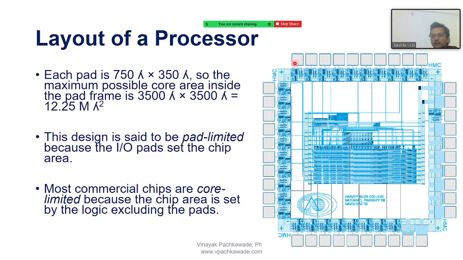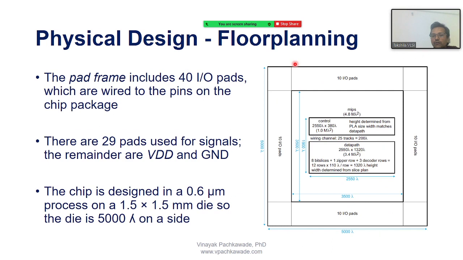So in floor planning, they estimate the area for the whole chip, then they estimate the area where the core logic is sitting. This is 3500 lambda, this is 3500 lambda, in which the whole processor logic is sitting.